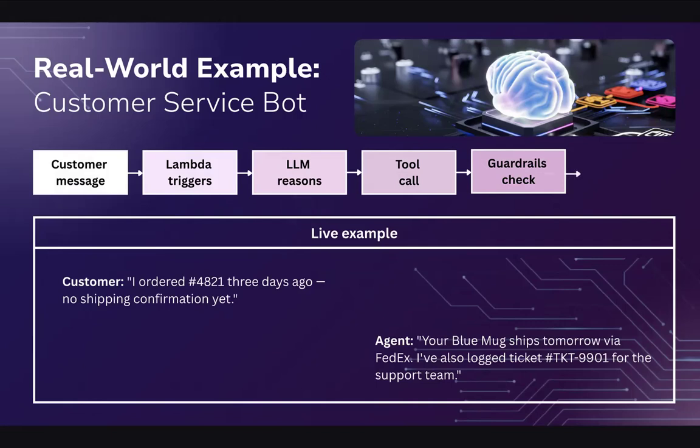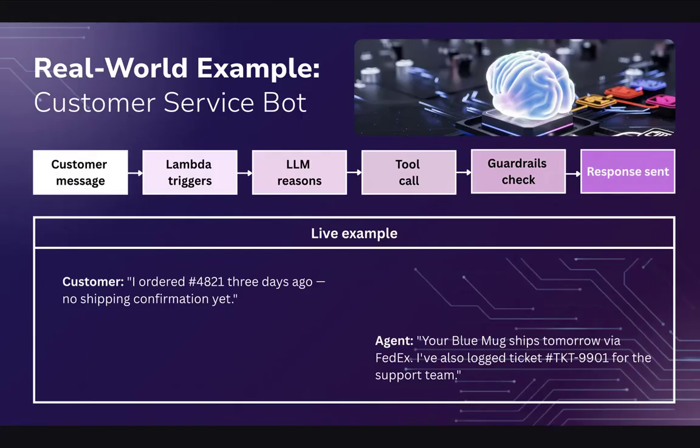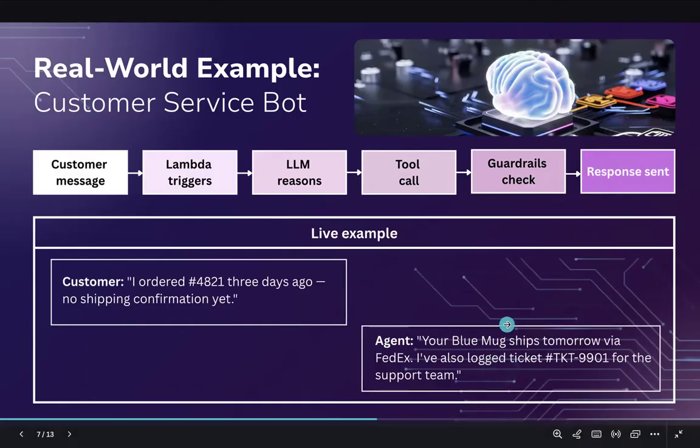And in the last step, the customer gets the final answer, as you can see in the live example: your mug shipped tomorrow via FedEx. I will also log a ticket for your support team. The entire process, with two tool calls, the real database lookup and automatic ticket logging, takes about 2 to 5 seconds with no human agent involved.